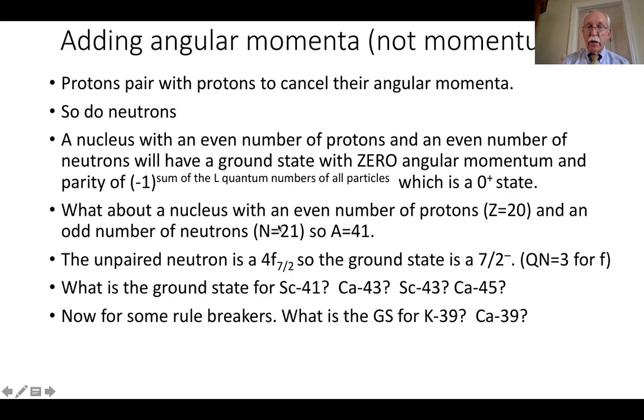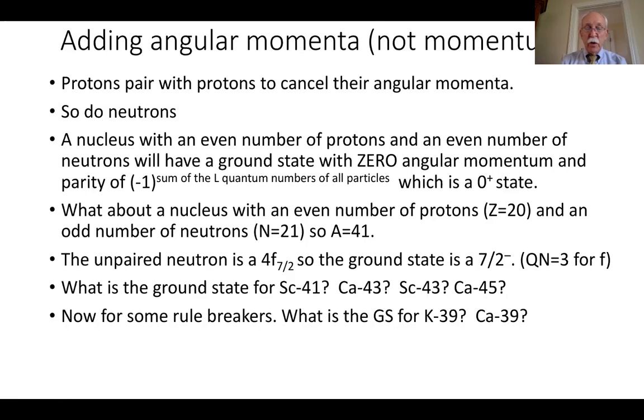Well, if we've got a nucleus with an even number of protons and an odd number of neutrons, for instance, A equals 41, the protons all cancel out and give no contribution to the total angular momentum. But with the neutrons in the ground state, 20 of them are paired up, and we've got one odd neutron left, and its angular momentum is going to be the angular momentum of the ground state of the nucleus.